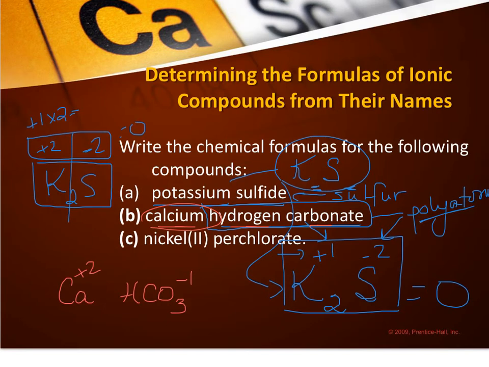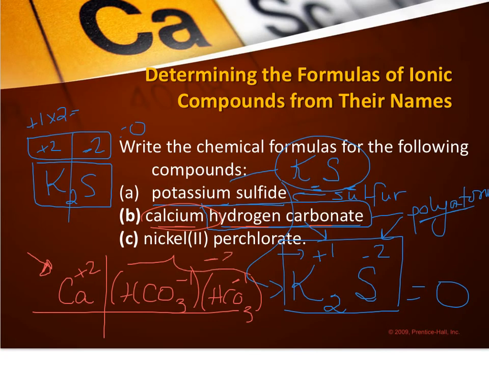Now, I have to worry about balancing the cation and anion so that the total positive charge equals the total negative charge. I have too many positive charges. How do I do that? I have to add one more hydrogen carbonate. Okay. When I do that, my total negative charge is now -2, which equals the +2, and that's balanced.